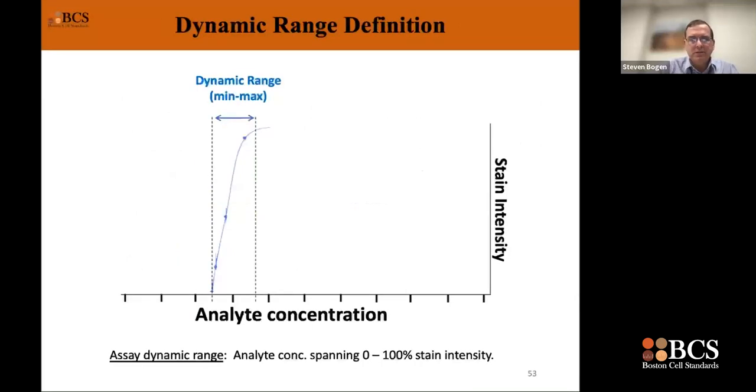So here's that analytic response curve and the dynamic range. Again, the assay dynamic range is the analyte concentration that spans the 0 to 100% stain intensity range. And that range, again, is a biomarker concentration range.